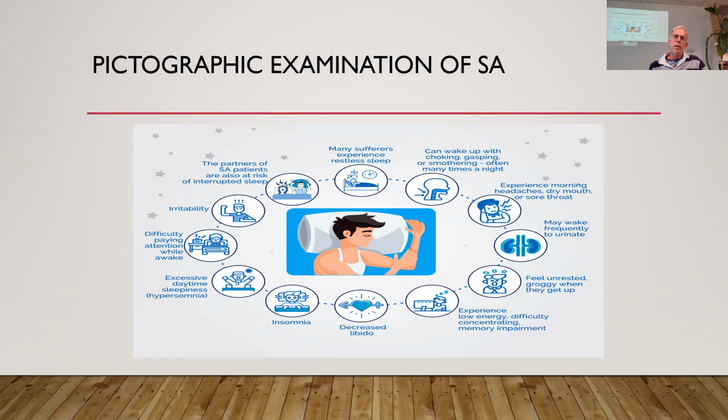Maybe you wake up and you have to frequently urinate. You may have this kind of unrest, or I want to say a brain fog throughout the day, where you're feeling groggy no matter what. Even if you drink coffee or do something else to stimulate, you still feel like you're in a fog. You have low energy. Now that's another signpost.